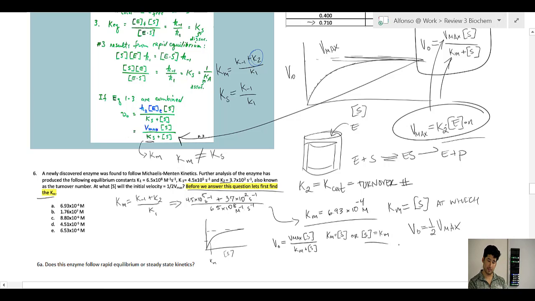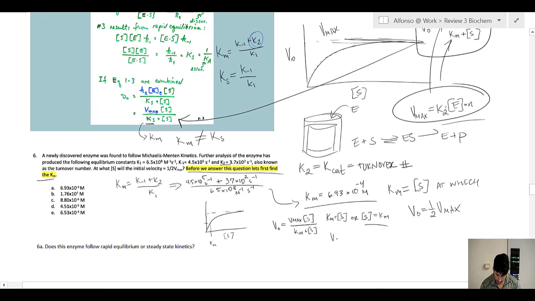When the substrate concentration is equal to the Km, what will be our initial velocity? Initial velocity is equal to Vmax times, we'll say Km over Km plus Km.